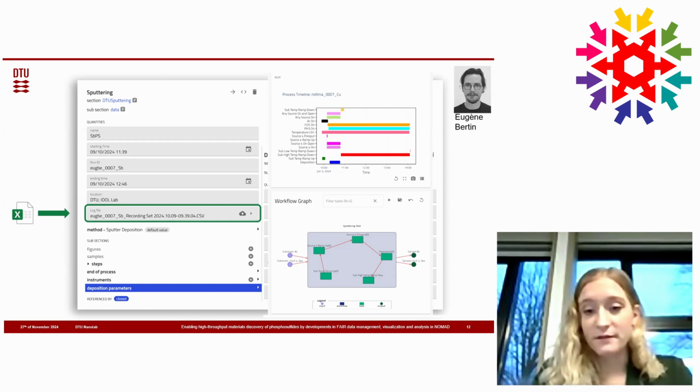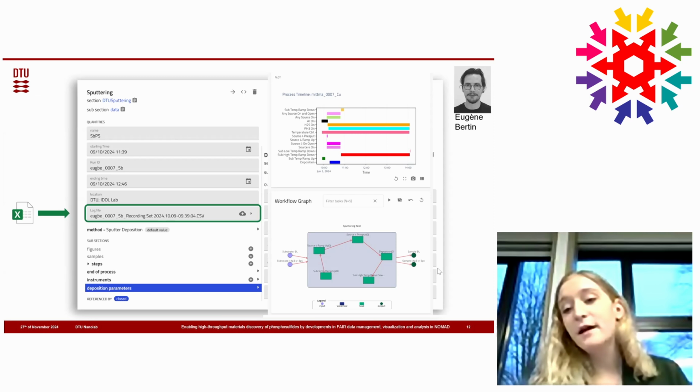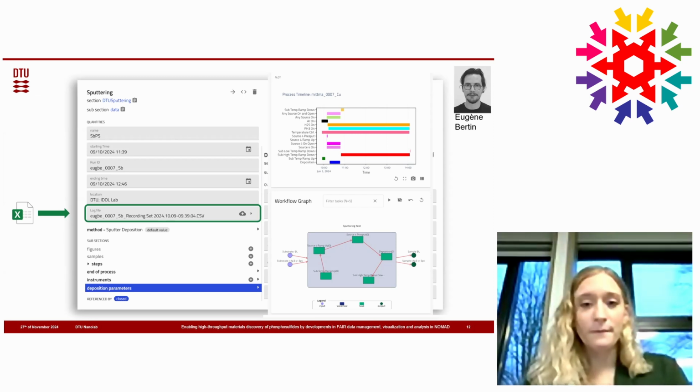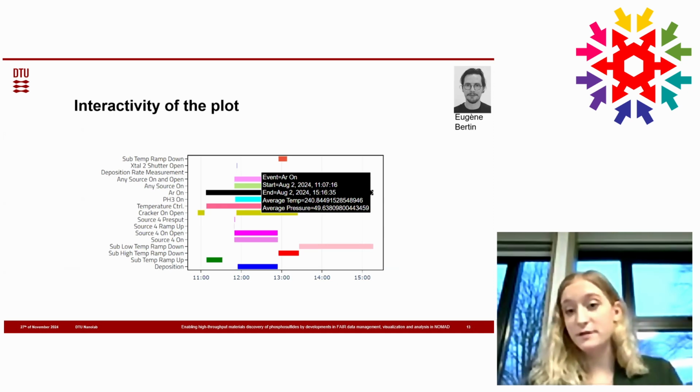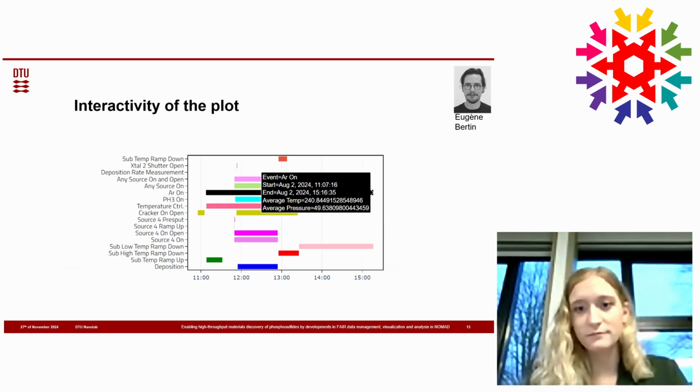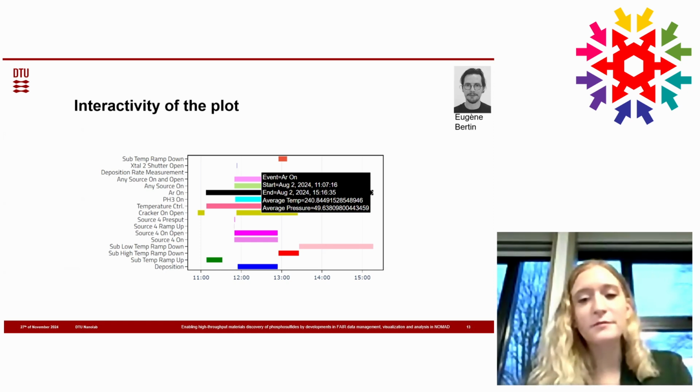So here we can, for example, see that the substrates go in, then we have a couple of deposition steps that do something that is not relevant here, and we get samples out. These plots are also interactive, which helps us a lot with figuring out what happened if we want to look something up.